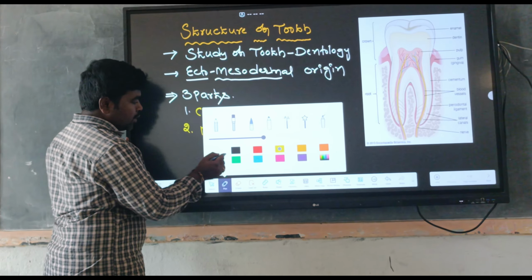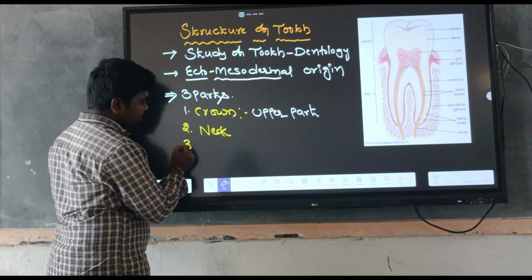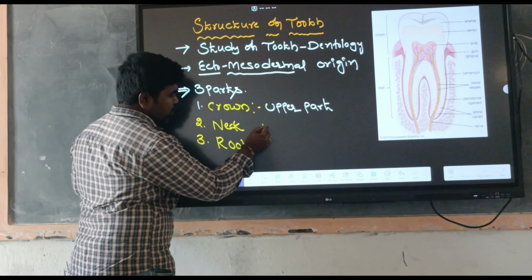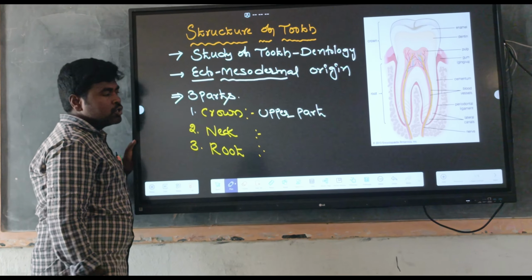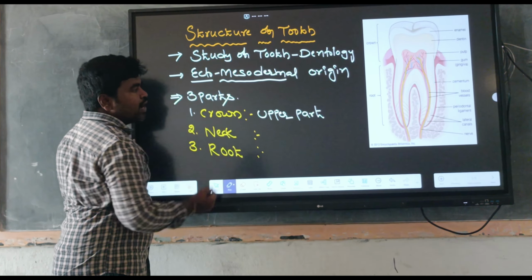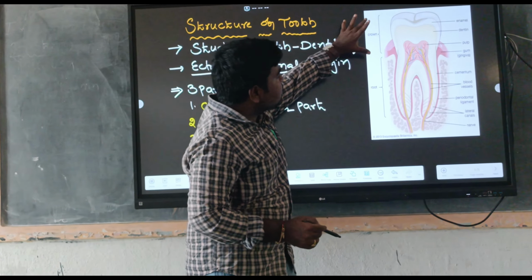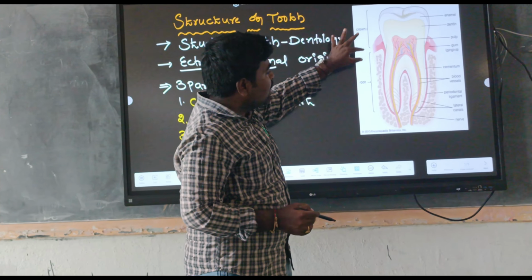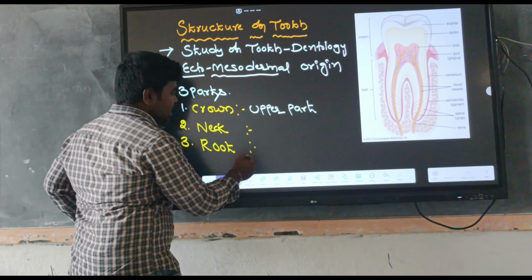And the last one, the lower part of the tooth, is called the root. So in total, the tooth is divided into three parts: the upper part is called the crown, the middle part is called the neck, and the lower part is called the root.